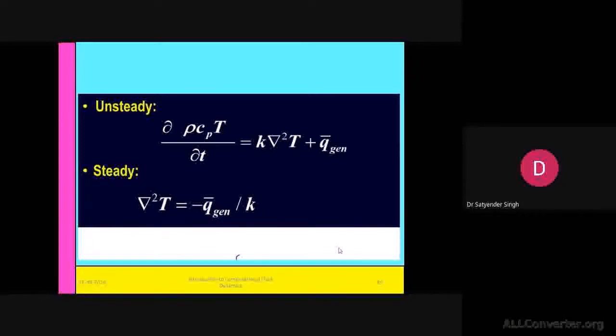That involves one temporal term, and the delta represents the differential in the x, y, and z directions. Accordingly, we can limit it. If it is three-dimensional, then we have three second-order differential terms as well.